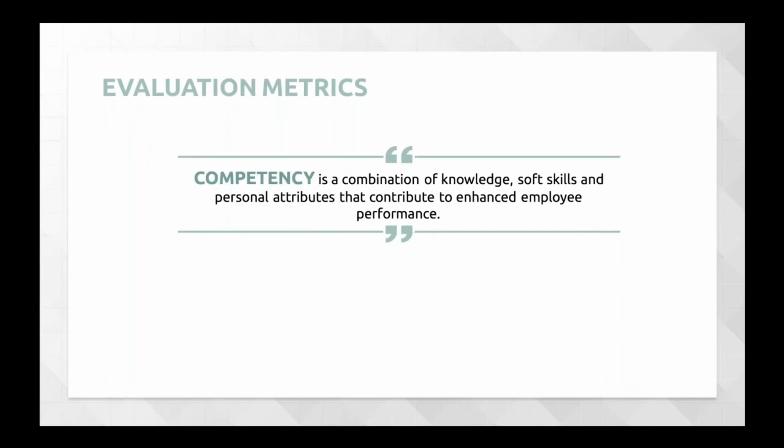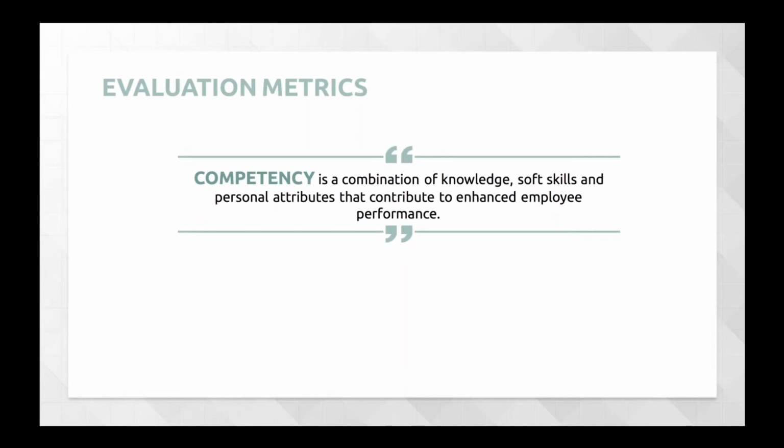Next, we have competencies. This is a combination of abilities, knowledge, or in simpler terms, soft skills that are desirable traits. That is, these are nice-to-have tendencies that you'd like your employees to possess. Unlike skill sets, these are not concrete skills, but desirable traits that you would like your employees to possess.